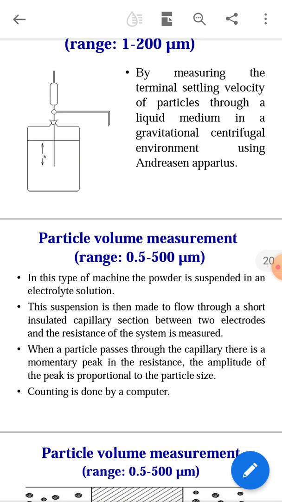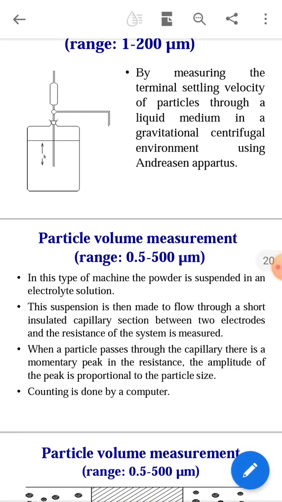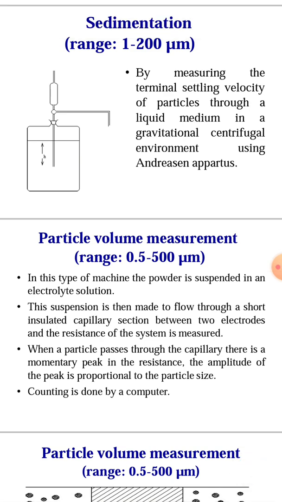This apparatus consists of a 550 ml cylindrical vessel containing a 10 ml pipette sealed to a ground glass stopper. When the pipette is placed in the cylinder, its lower tip is 20 cm below the surface of the suspension, as shown in the diagram. First, prepare a 1 to 2% suspension of the powder in a suitable medium.